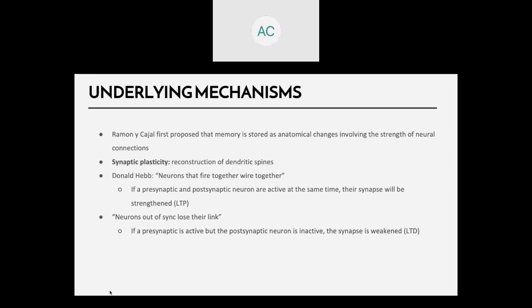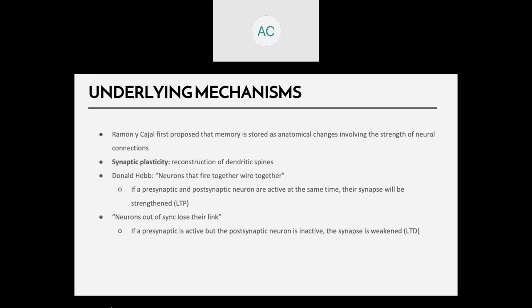So Ramón y Cajal was the first to propose that memory is actually stored as anatomical changes involving the strength of neural connections. And that's now called synaptic plasticity, which is the reconstruction of dendritic spines. Donald Hebb proposed that neurons that fire together wire together, which basically means that if a presynaptic and a postsynaptic cell are active at the same time, then their synapse will be strengthened.